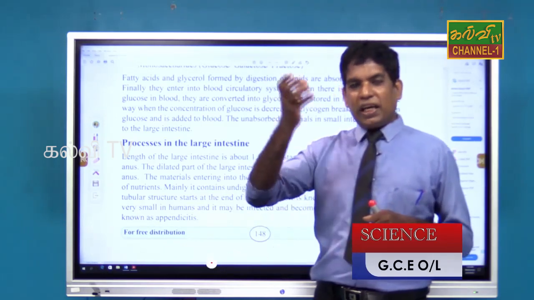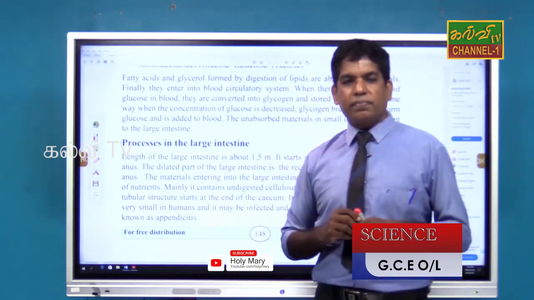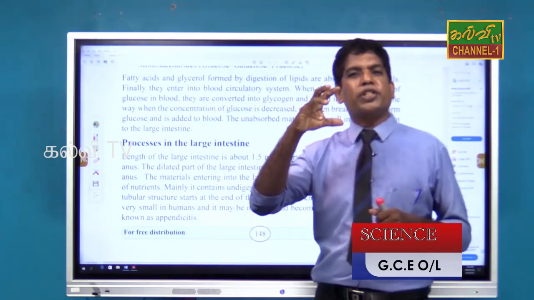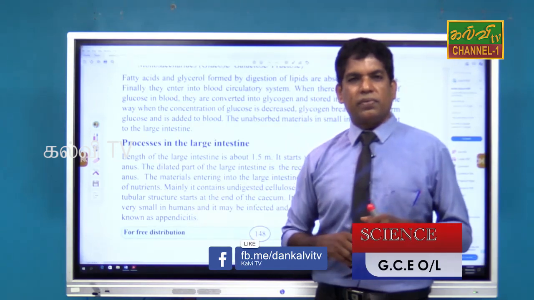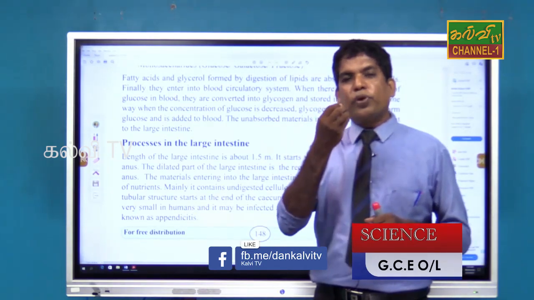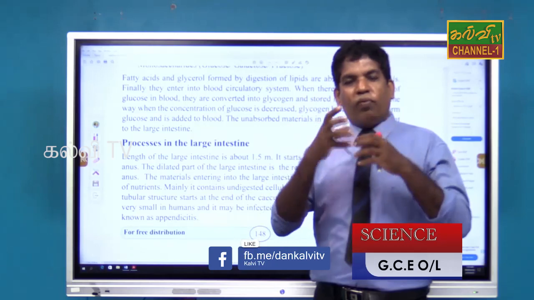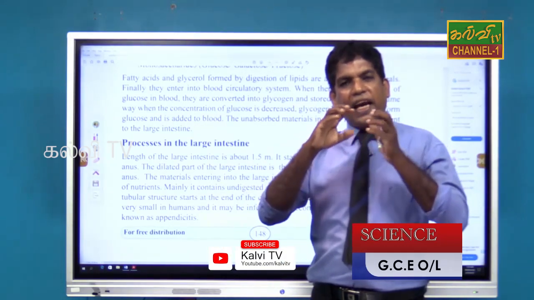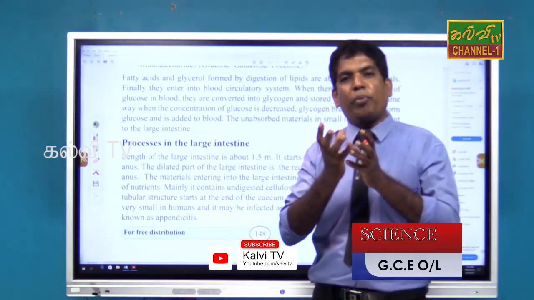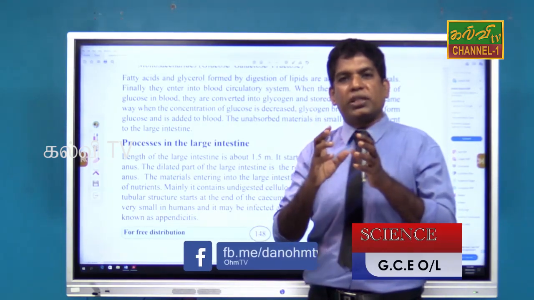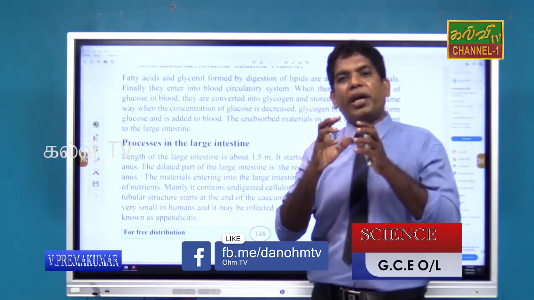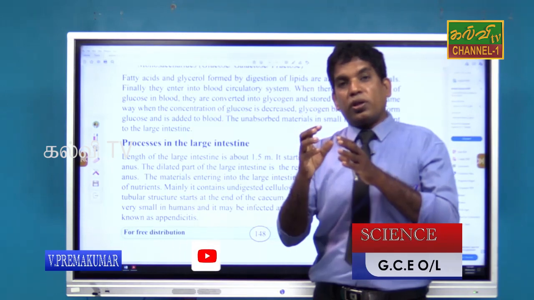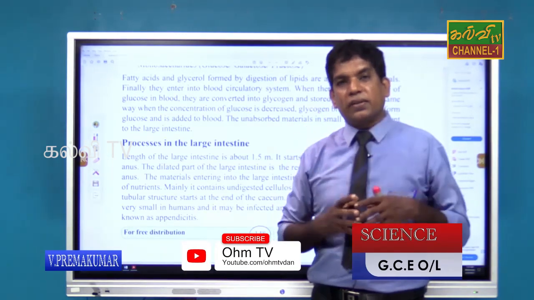In the small intestine the food is in a liquid form, because when we eat, it mixes with saliva and enzymes and becomes liquid or semi-liquid. But it should be converted into a solid form, because our body needs water.